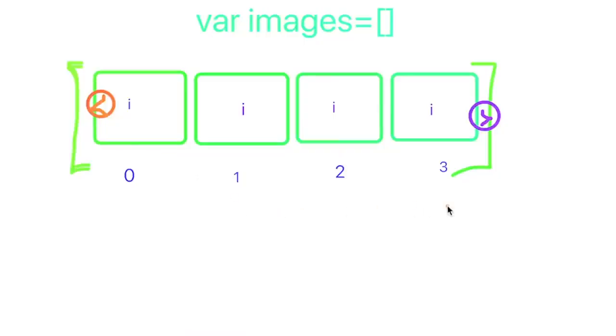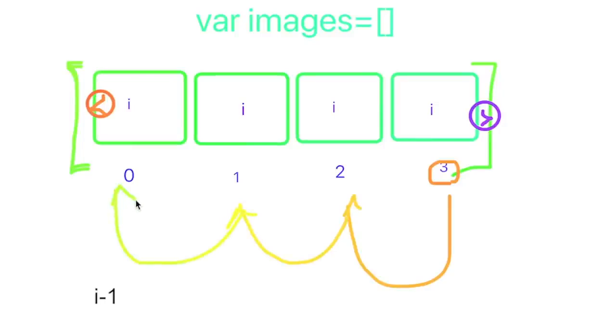Now that we've understood how to go to the next image, let's think about how to go to the previous image. This will happen with the left button, and every time we click, we want to decrement. We want to go to the previous image. So in index value, we're going to be subtracting 1 from the current index value that the client is at. And we're going to have a button that on every click is going to subtract 1 from the current item index.